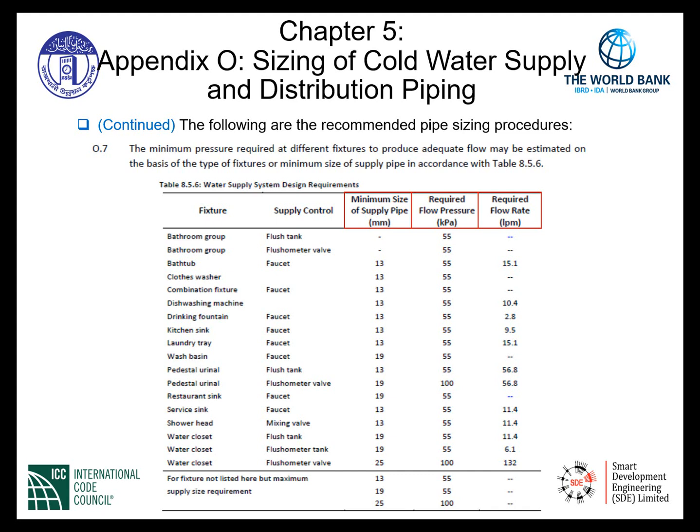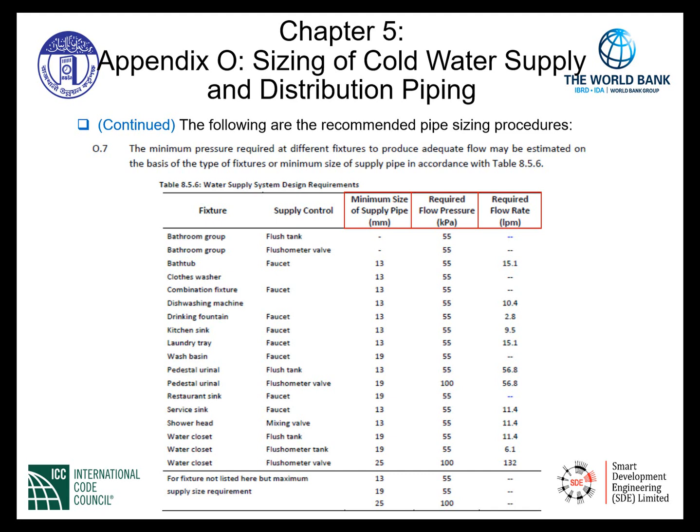In this table, the fixtures are indicated in the first column. We have fixtures that are called bathroom group, bathtub, clothes washers, kitchen sink, laundry tray, service sink, and different types of water closets as indicated in the first column.